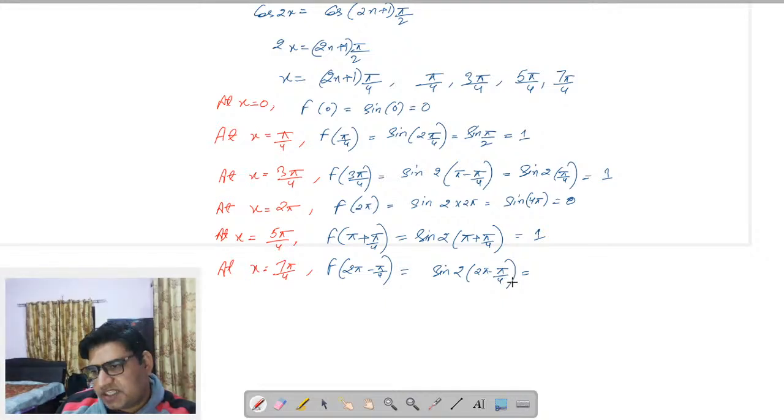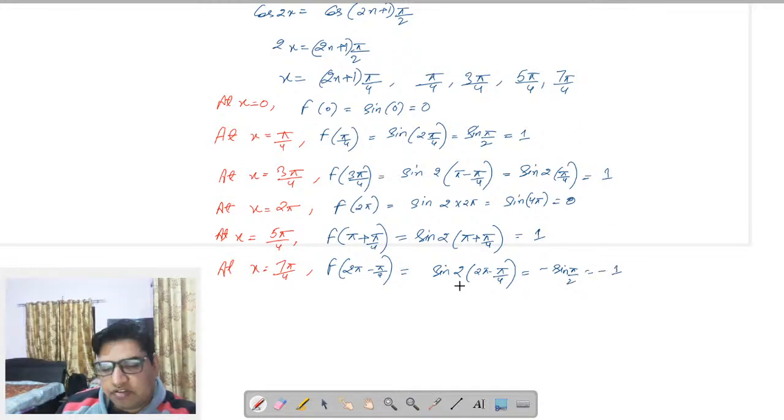So 4 pi minus pi by 2. Okay, and that is 2 pi minus pi by 4, that will be in the fourth quadrant, and that will be minus sine pi by 4, and 2 into, so sine minus sine pi by 2, and that will be minus 1.